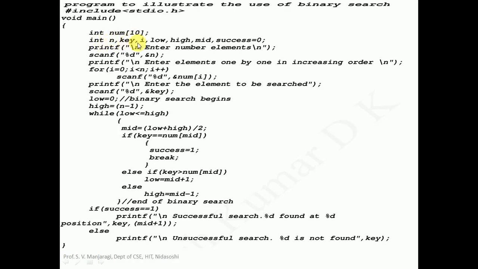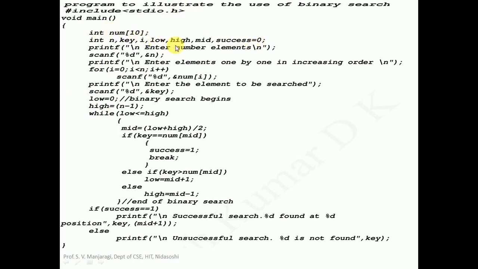Key is the search key, i is the index variable, low will point to the lower index, high will point to the higher index, mid is a variable used to calculate the index of the middle, and success is a flag variable. Whenever success equals 1, we say that the search is successful, and whenever success equals 0, the search is unsuccessful. Initially success is initialized to 0.